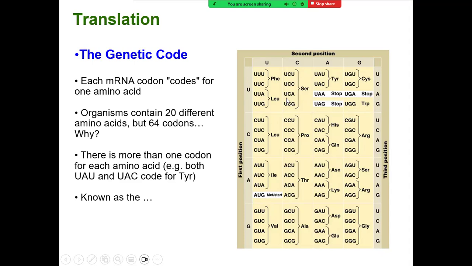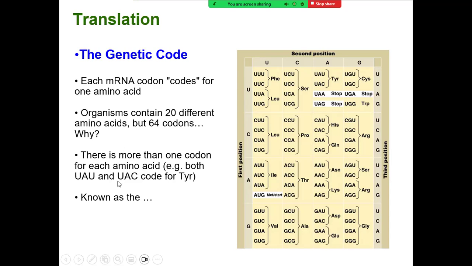I'm just pointing out to you that each amino acid may have more than one codon. Most of them have more than one codon. There's only 2 that have 1 codon. Some of them have 2, some of them have 4, some of them have 6 codons, coding for that one amino acid.